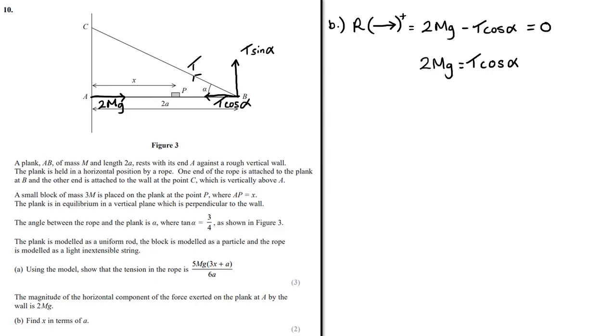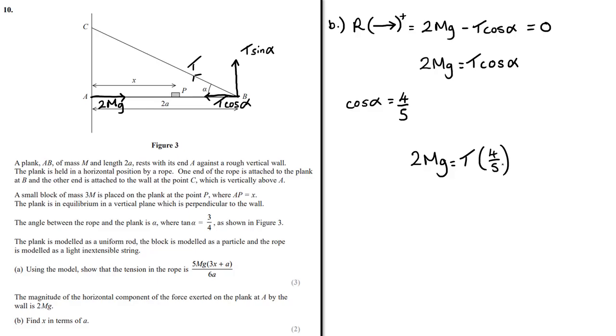So cosine alpha is equal to 4/5. So we've got 2mg is equal to T cosine alpha, where cosine alpha is 4/5, so I get 4/5 of T.